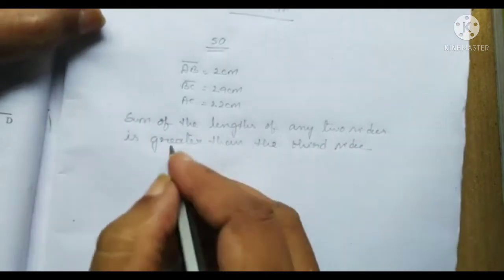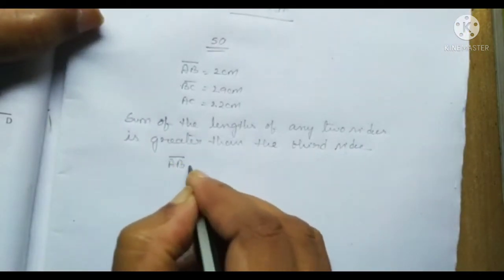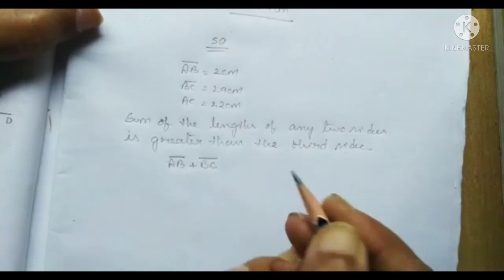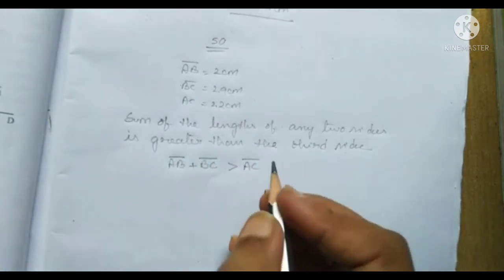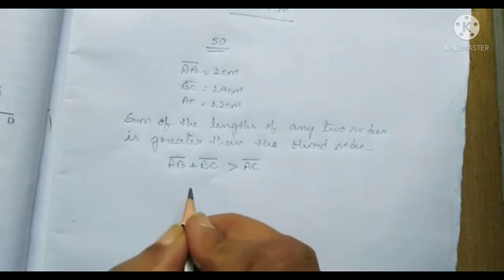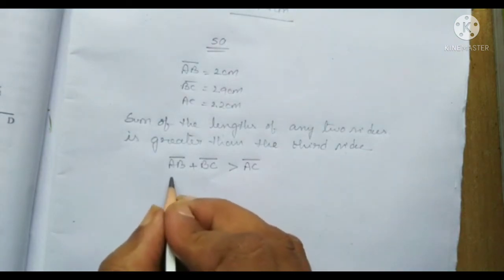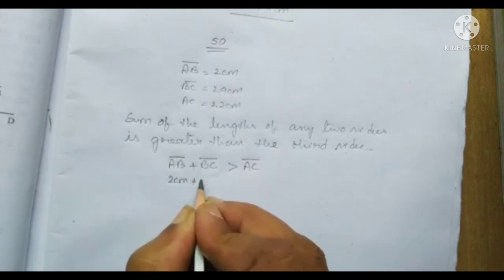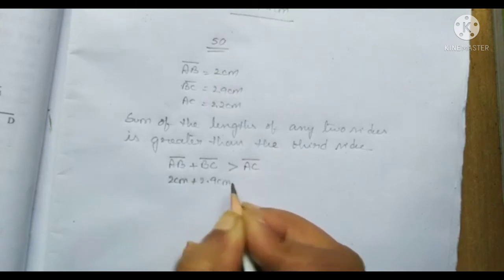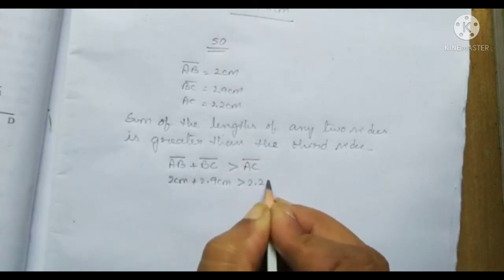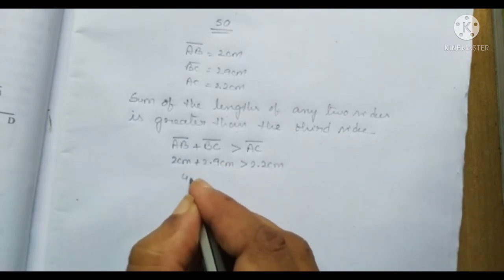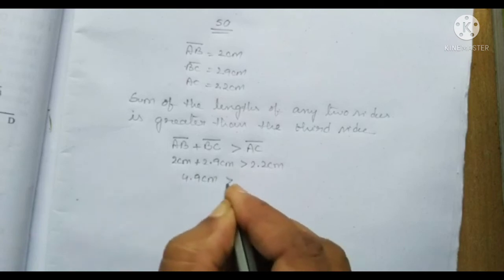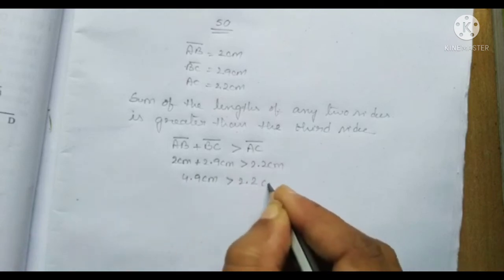Now prove it. Is AB plus BC greater than AC or not? AB equals how much? 2 centimeters. BC is 2.9 centimeters. AC equals 2.2 centimeters. So 2 centimeters plus 2.9 is 4.9. 4.9 is greater than 2.2.